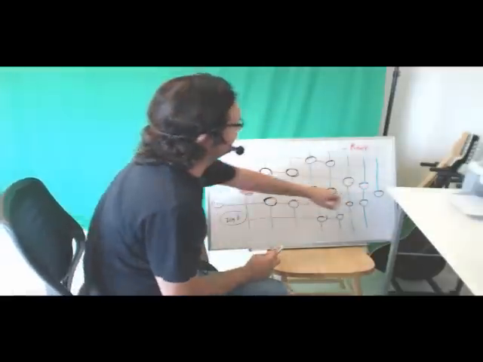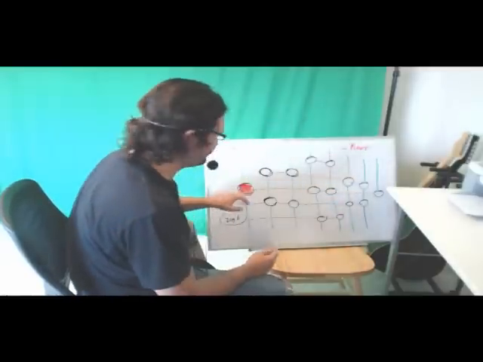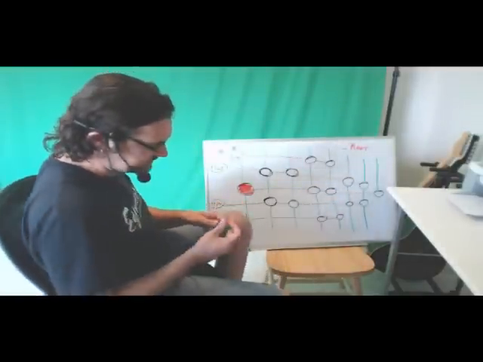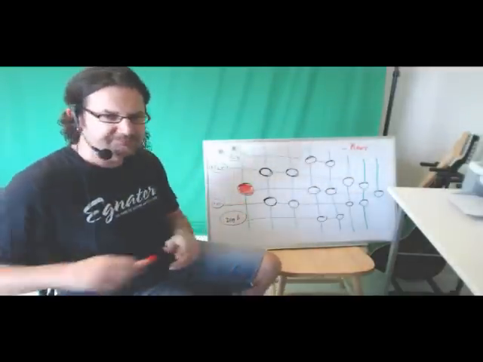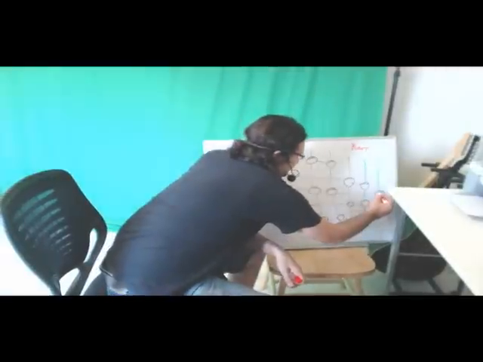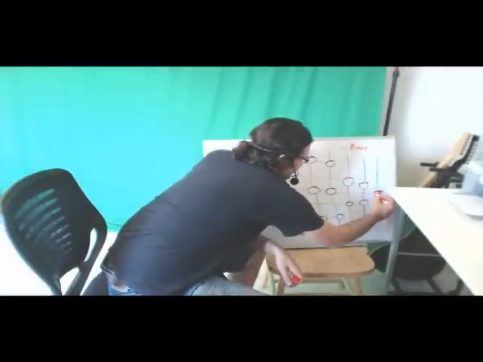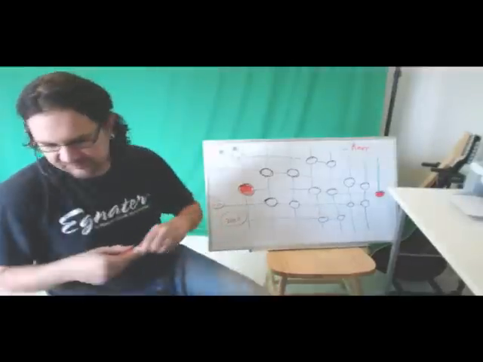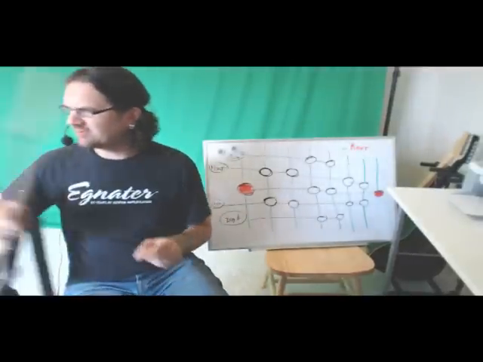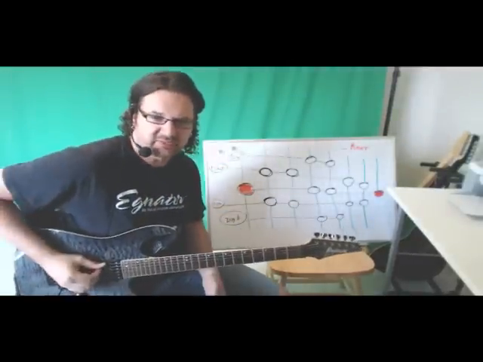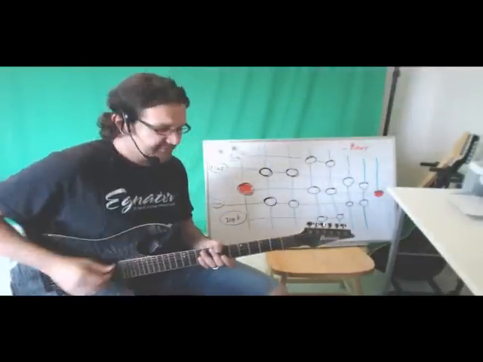Why? Because this note is really this one. So I'm going to color the octave in red so that we can remember that this note plays the same role as the root. It's the same thing. A short demonstration of that would be me playing a piece again with that root in the background.